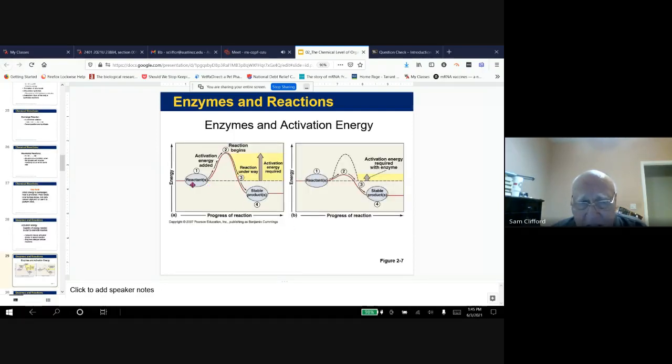Activation energy, reactants have to be brought to a particular level so that the reaction is completed. What enzymes do is they lower the activation energy.